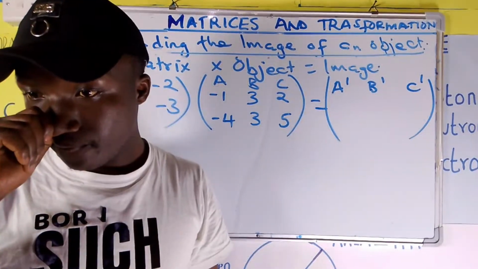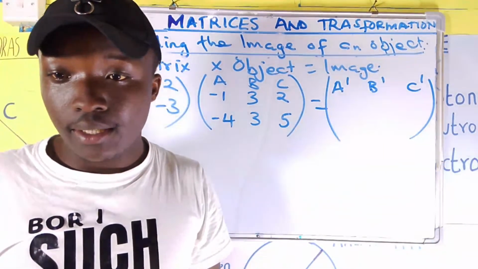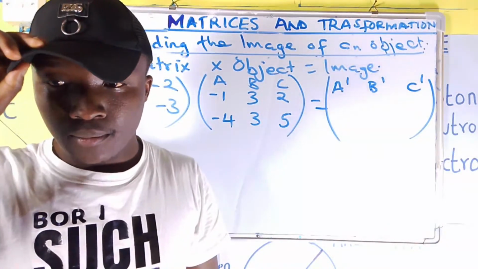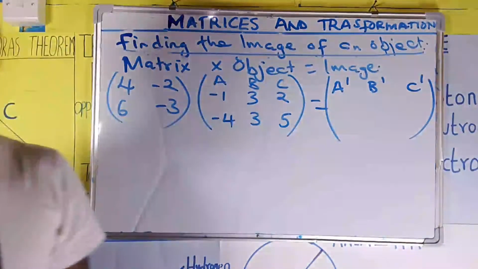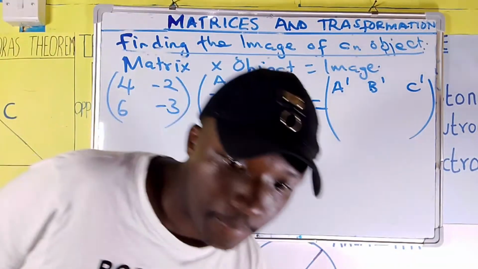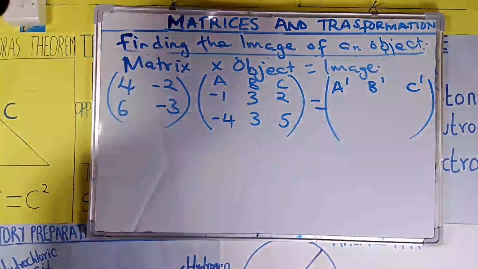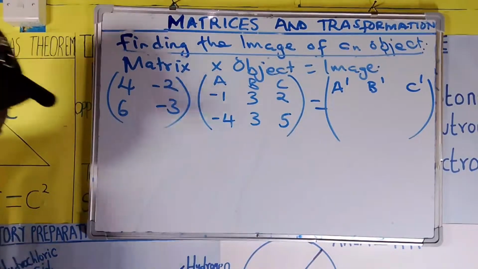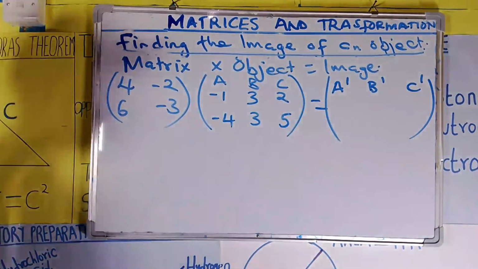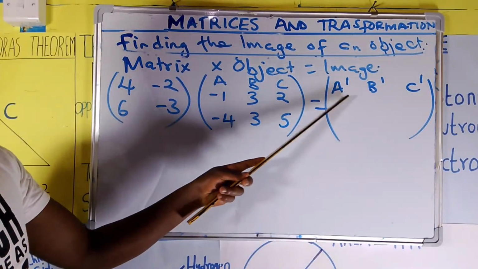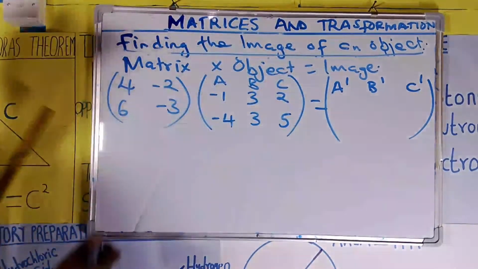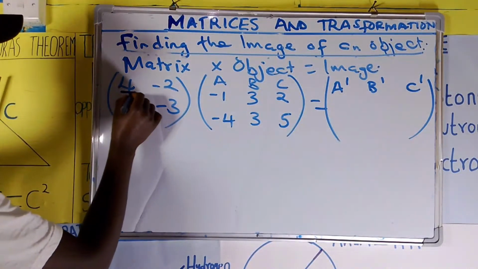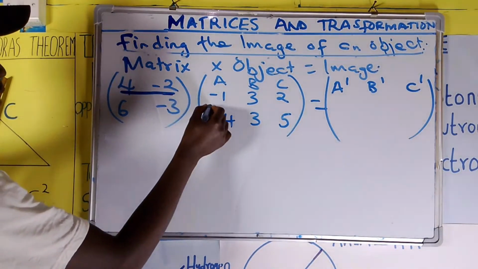So for us to multiply a matrix with a matrix, we need to get the coordinates of A prime. This is what we do. For us to get the first coordinate of A prime, we will take the first row multiplied by the first column.